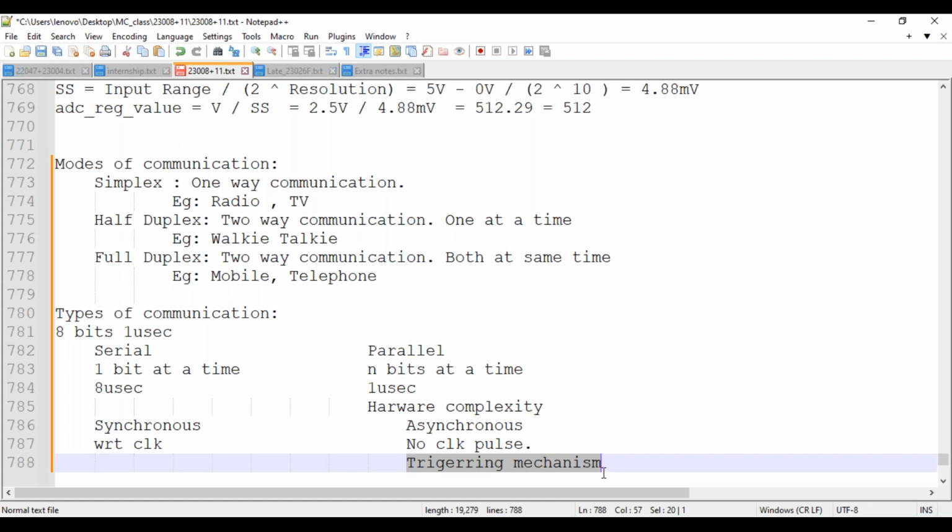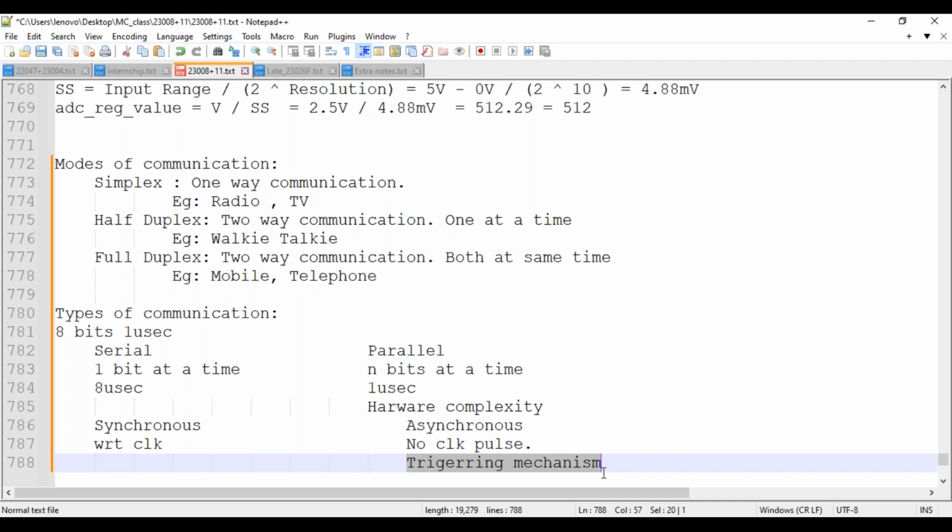Trigger is generated by the master. Yes. So whoever wants to start the communication should be triggering the system. Generally, when we are using asynchronous communication, we don't use the terms master and slave. It's just a device. Whoever wants to start the communication will be the very first host, I would say.